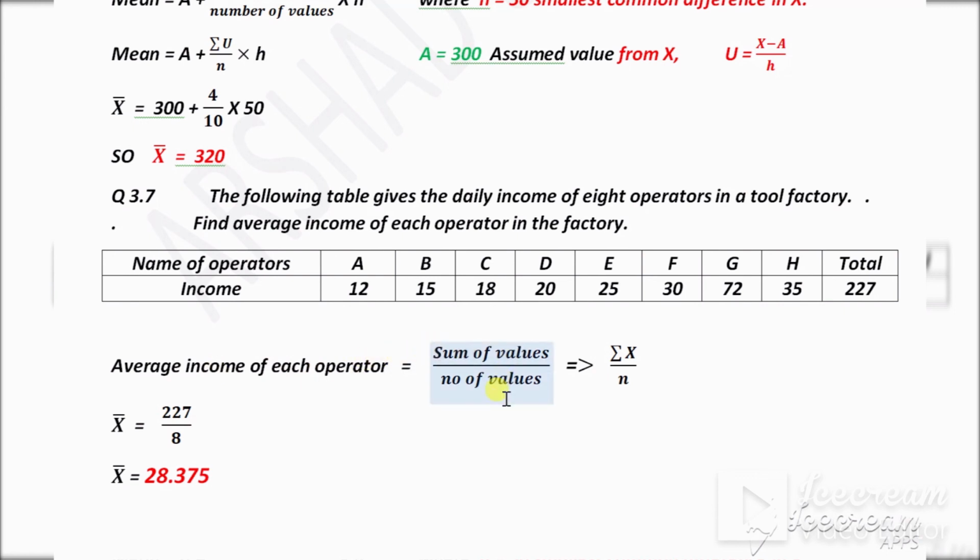Sum of values divided by number of values is summation X divided by N. Sum of X is 227, and the number of values is 8. So 227 divided by 8 is 28.375. This is the average income of each operator.